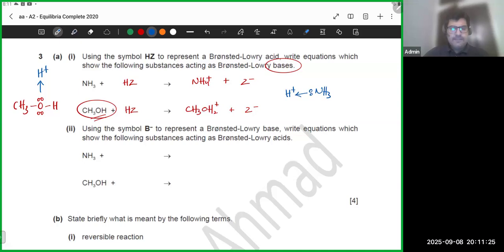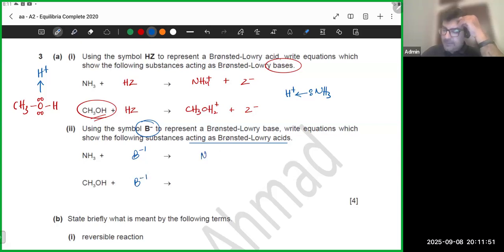In the second one, it says use the symbol B- to represent a base. So now you have to write equations showing them acting as acids. That means they're going to lose H+. Your base, which is B-, will be the one accepting H+.